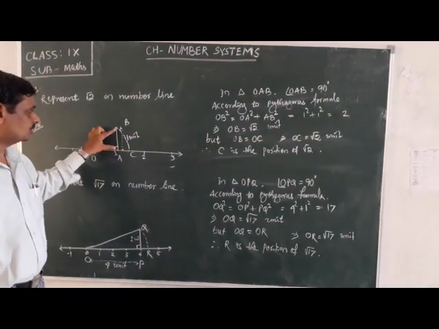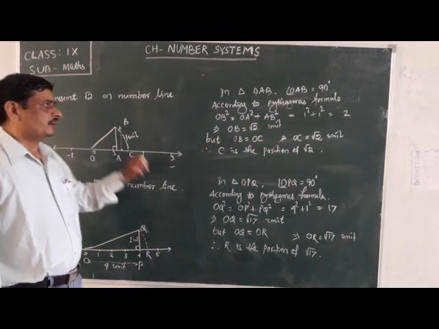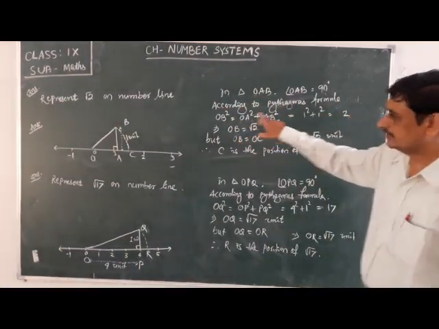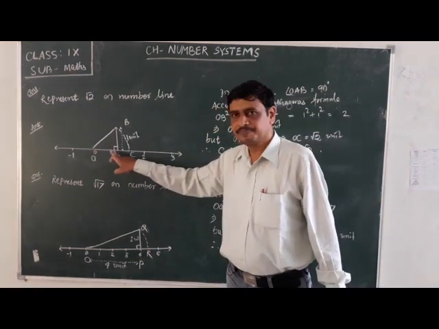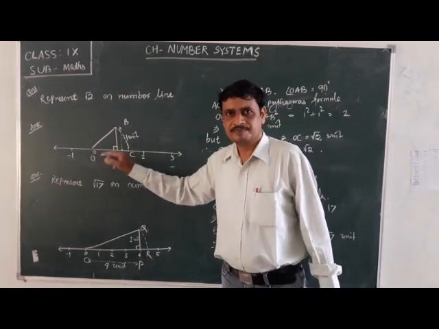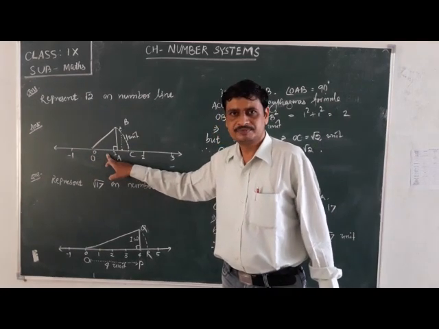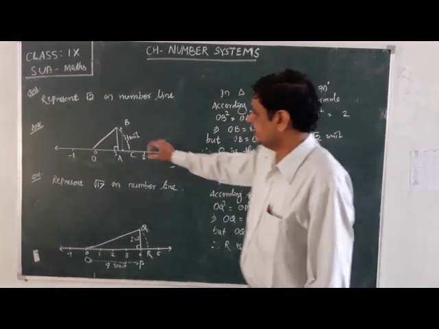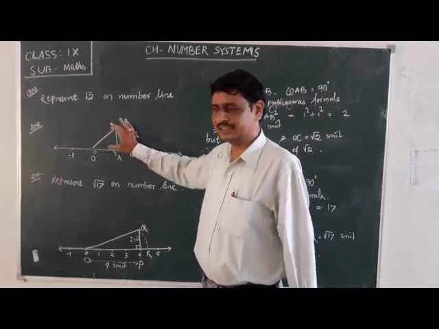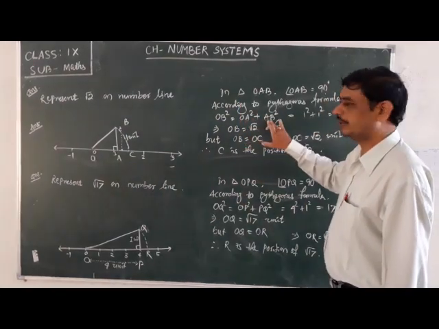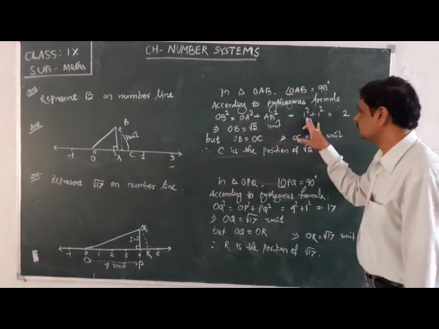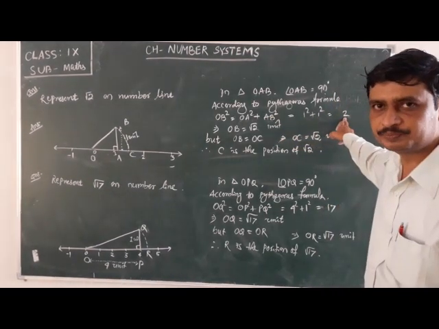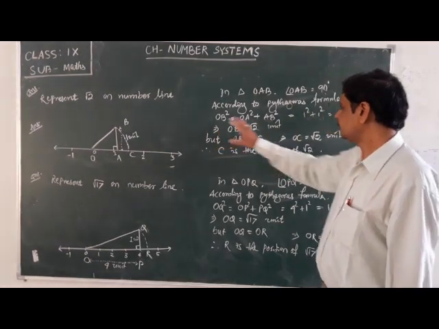Now we have to put in the values of OA and AB. Since OA is 1 unit and AB is also 1 unit, OA square plus AB square becomes 1 square plus 1 square, and 1 square plus 1 square is 2. Now we get OB square equal to 2.